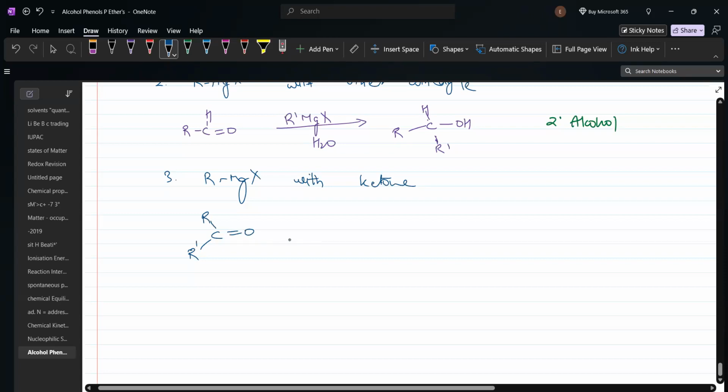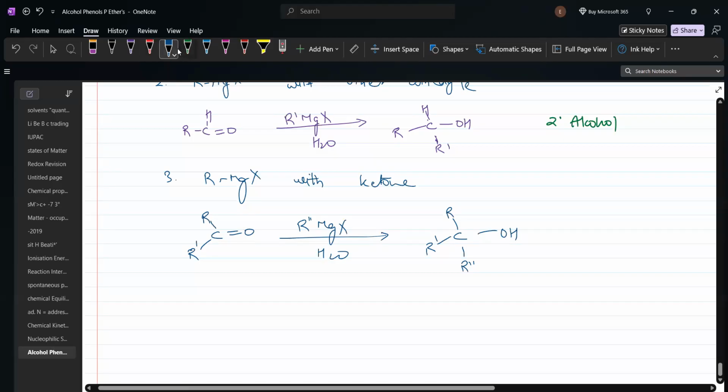This is the ketone, and again we are using some Grignard reagent. Okay, and you know the reaction follows, and we already have this. R double dash will also get attached here, and this double bond O will break into OH group.